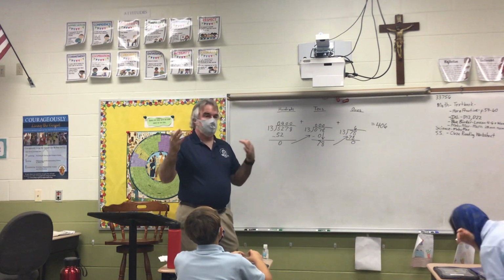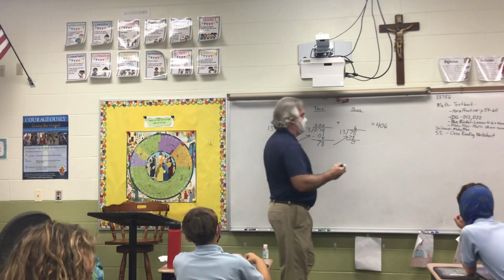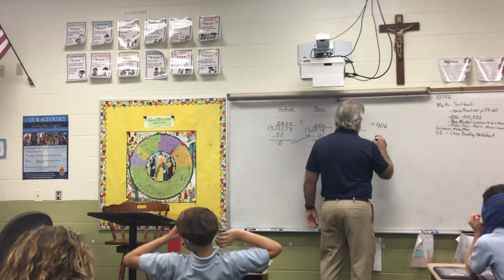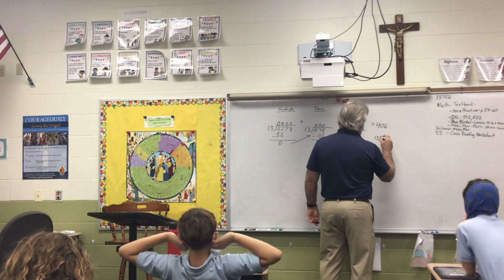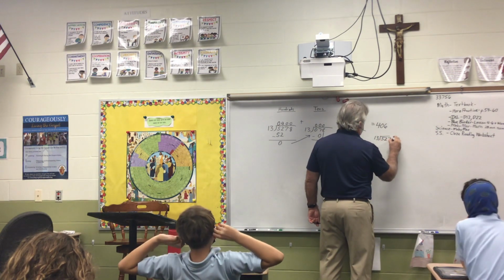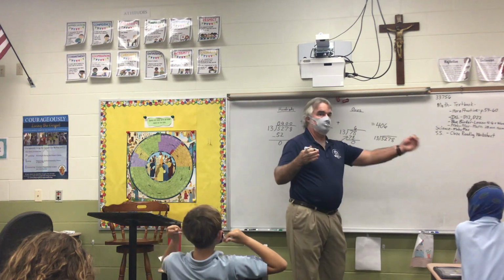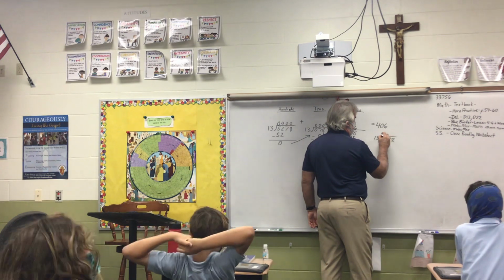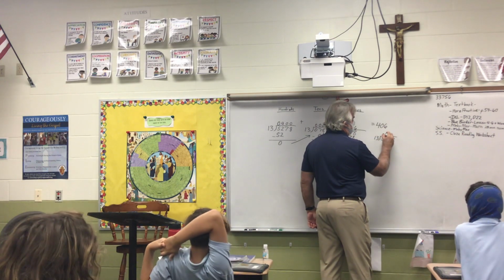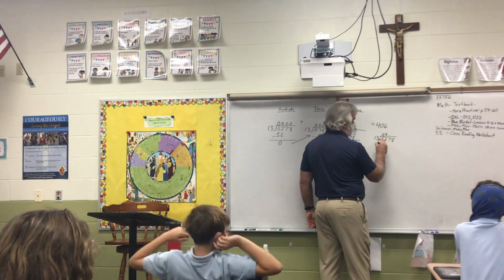Now, if I were to do this the long way, just straight down, I would have 13 going into 5,278. And this is what it's going to look like for the rest of the chapter. 13, it doesn't go into 5. 13 goes into 52 4 times. 4 times 13 is 52.